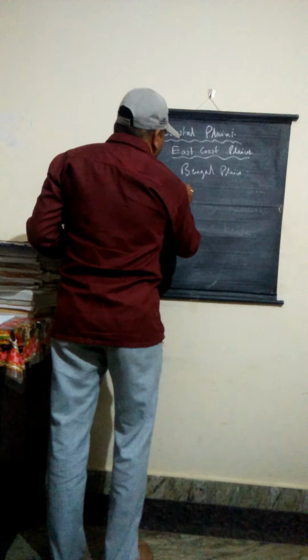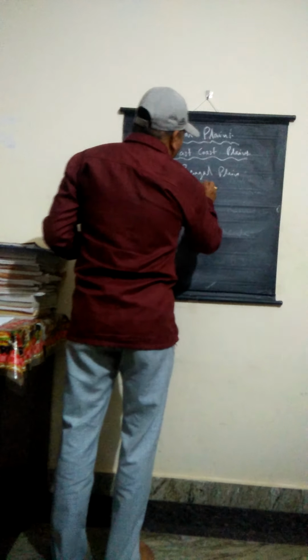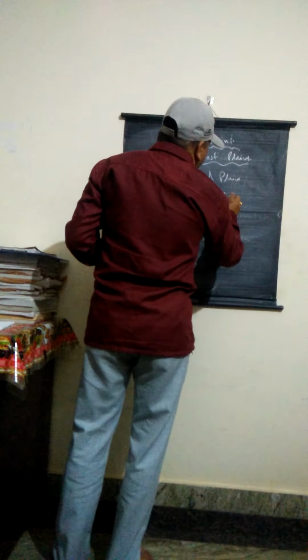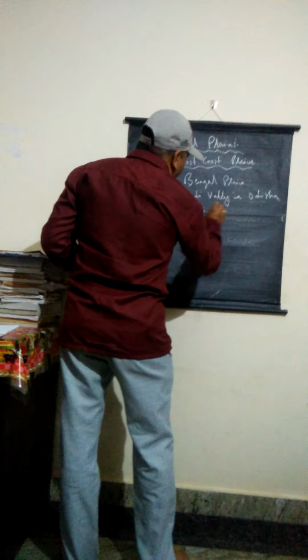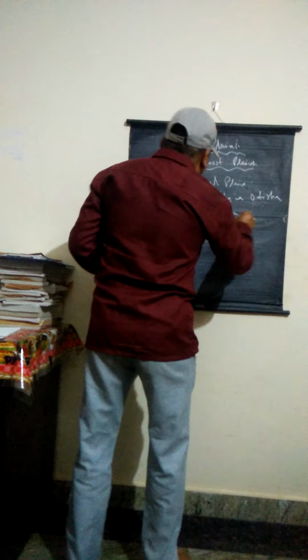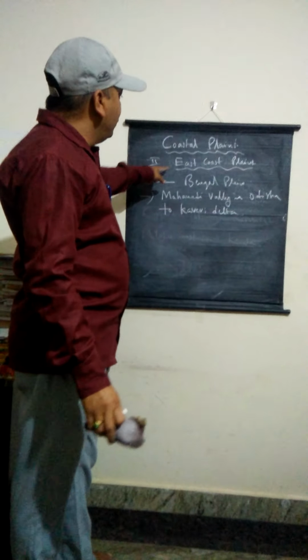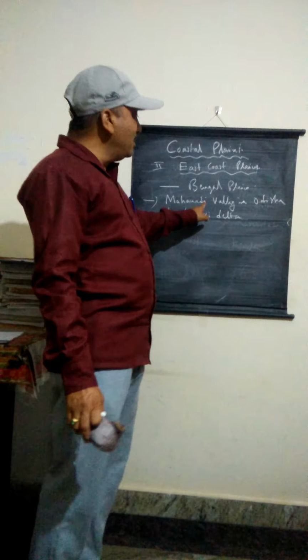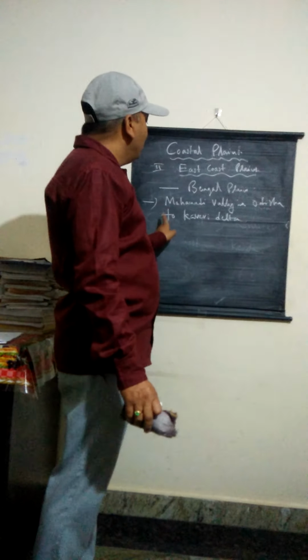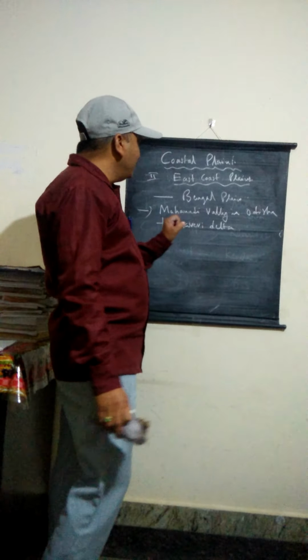It stretches from Mahanadi Valley in Odisha to Kaveri Delta. So the eastern plains stretch from Mahanadi Valley in Odisha to Kaveri Delta.